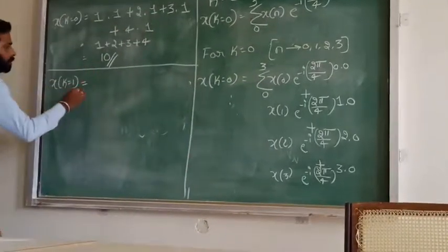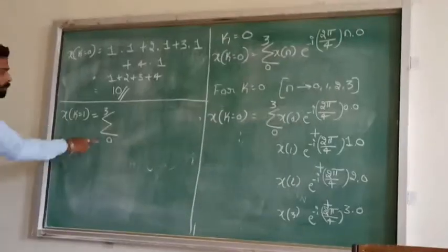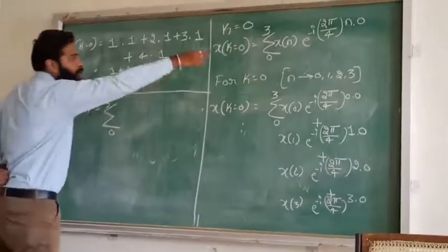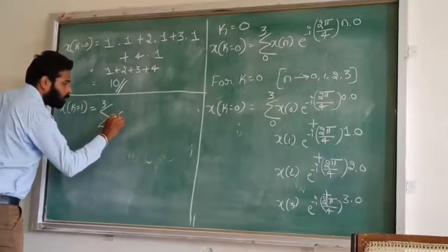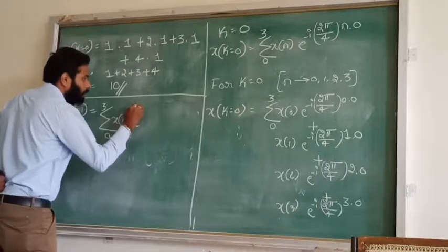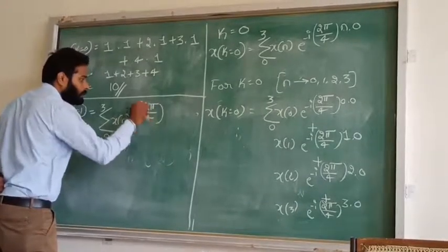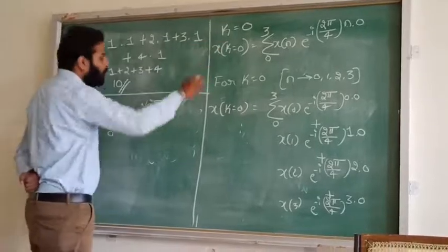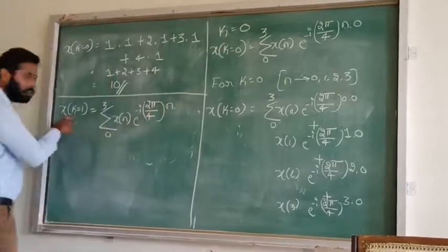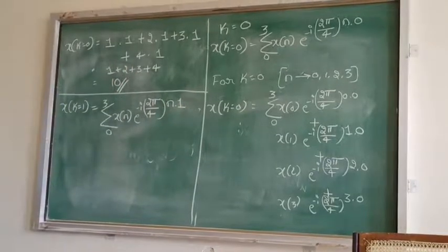Now the general equation becomes summation 0 to 3 x of n e raised to minus i 2 pi divided by capital N, that is 4, into n into k. N into k, k is equal to 1, so n into 1. Okay.